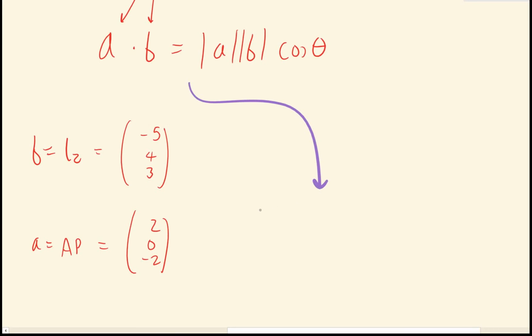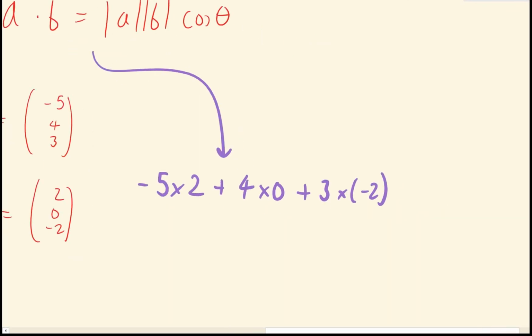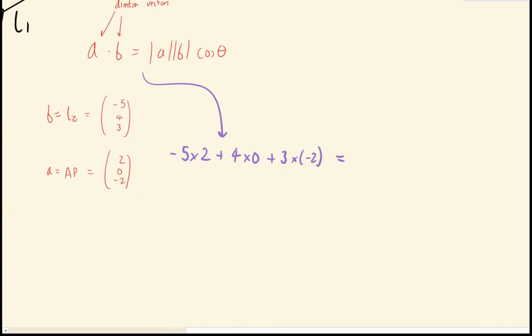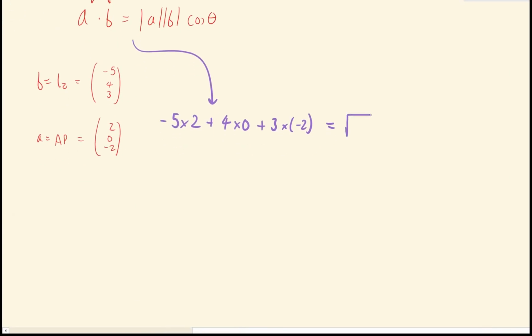So A dot B is the top rows times together, the middle rows times together, and the bottom rows times together, all added up. So minus 5 times 2, plus 4 times nothing, plus 3 times minus 2. That's A dot B. That will then equal mod A. We worked out before that mod A is the square root of 2 squared plus 0 squared plus minus 2 squared, which is 2 root 2.